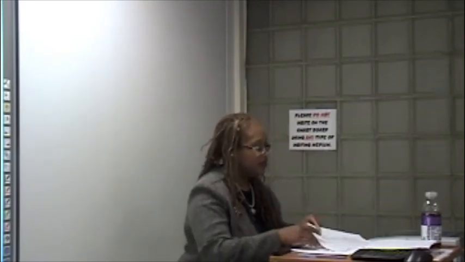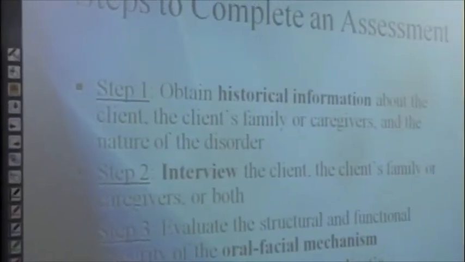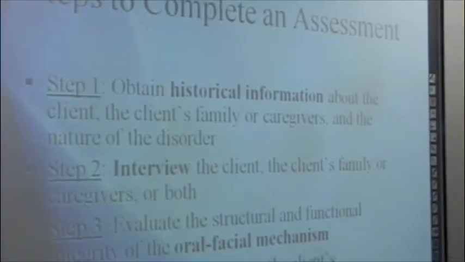Okay. Step 1, you're absolutely right. You have to obtain historical information about the client's family, caregivers, and the nature of the disorder. Why? Because you're looking for etiological explanations.